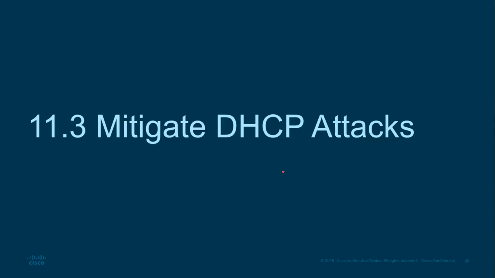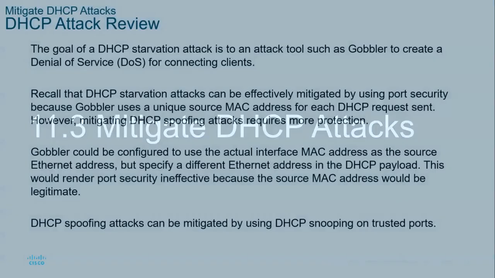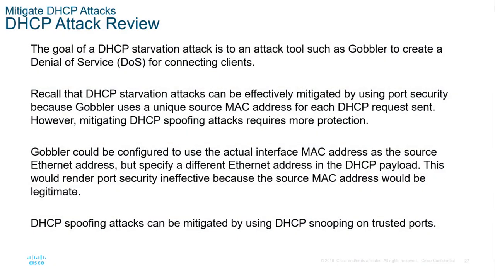Then we have how to prevent DHCP attacks. Under DHCP attacks, we have something called DHCP starvation, where all available IP addresses within the DHCP pool are leased out. An attack will actually force the server to issue out all the available IP addresses.